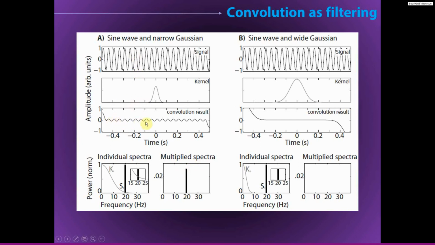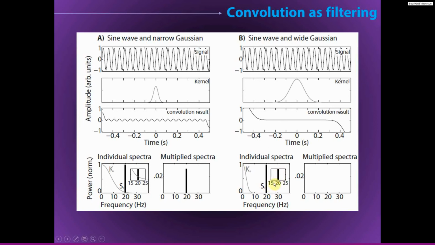So now when we go to this case, we see that the wider Gaussian in the time domain has a sharper, steeper roll-off in the frequency domain. So the frequency representation of this Gaussian has Fourier coefficients close to 0 already by like 8 or 9 hertz or so.